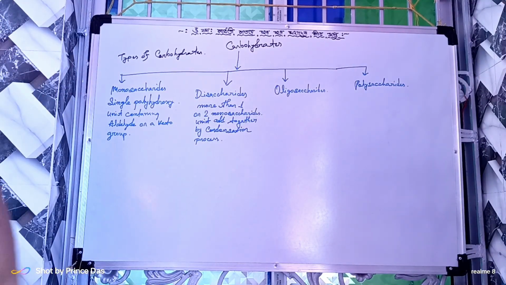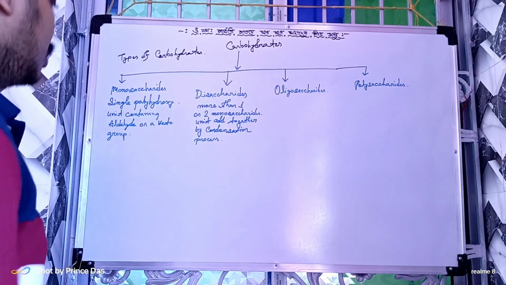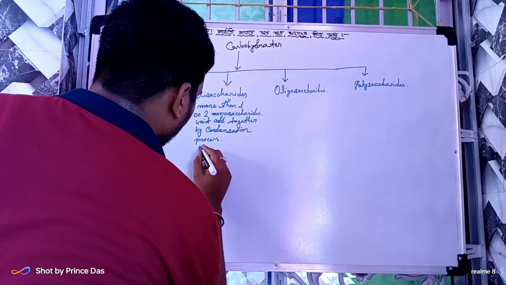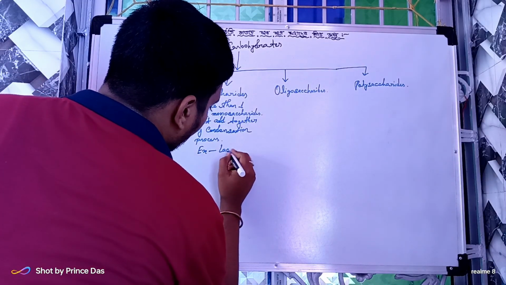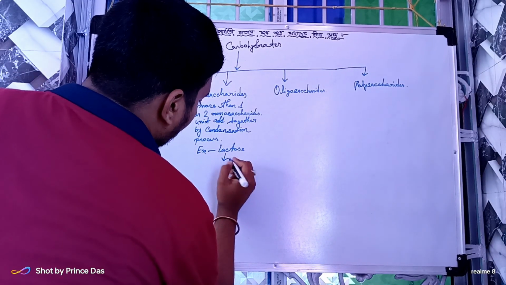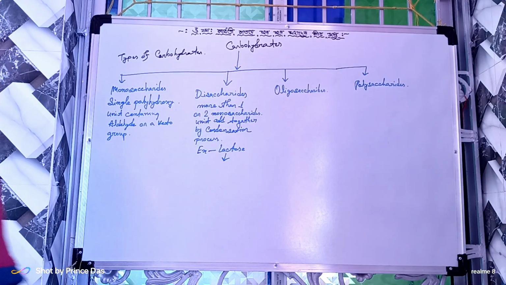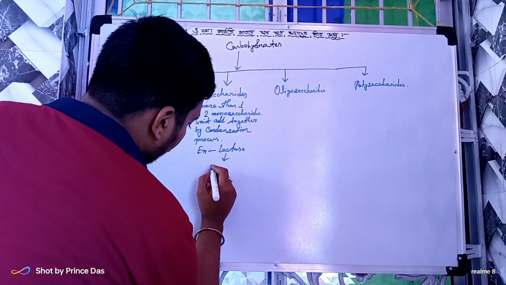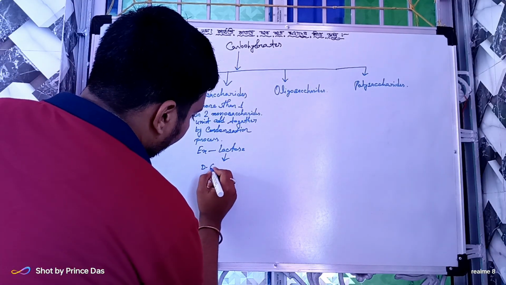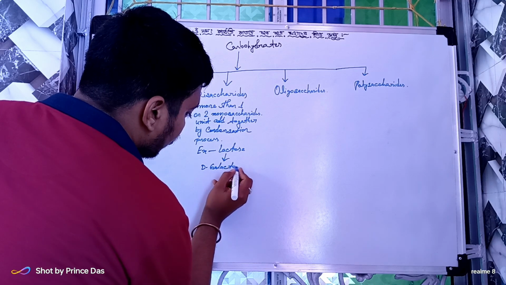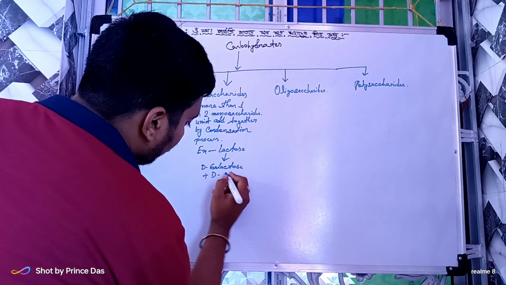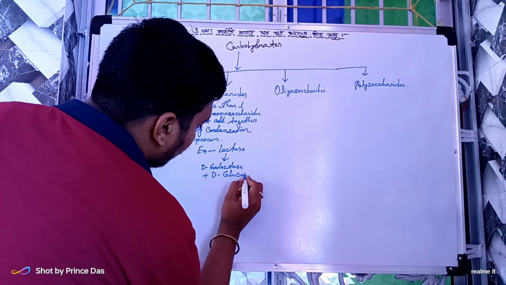So example of disaccharide, what? Lactose. Lactose contains what? D-galactose plus D-glucose.